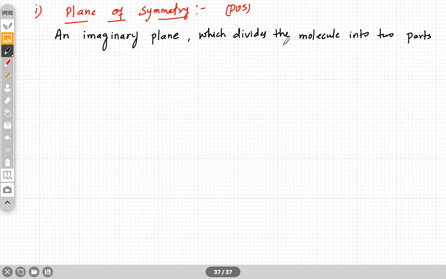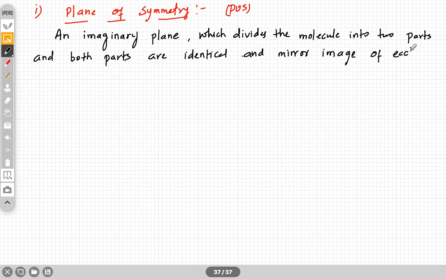It divides the molecule into two parts, and both parts are identical and mirror image of each other. That is the plane of symmetry.